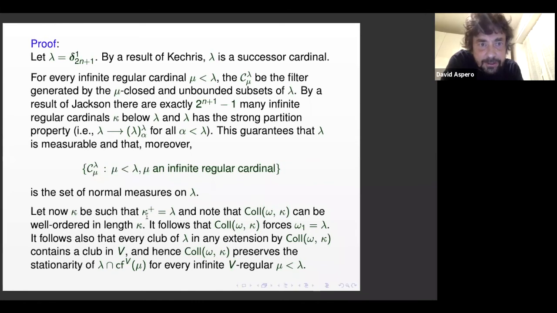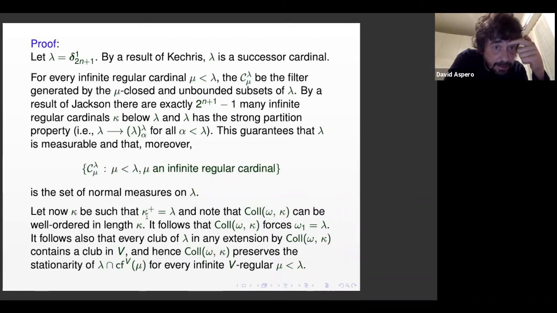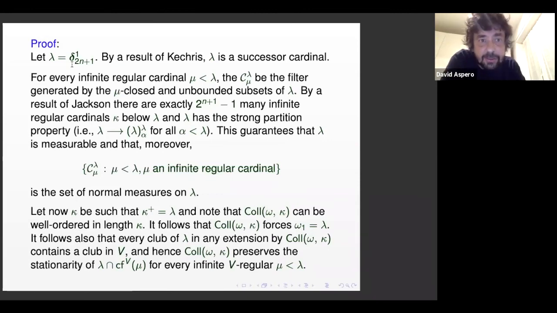So, sorry. The statement of the theorem should say that if n is a natural number and the axiom of determinacy holds, then in some forcing extension, delta 1 2n plus 1 is omega 1, and there are exactly 2 to the n plus 1 minus 1 many stationary sets.